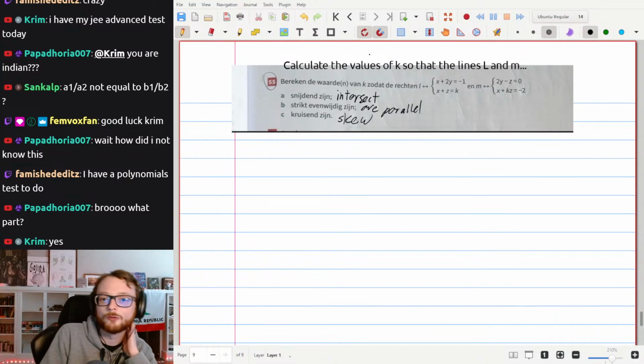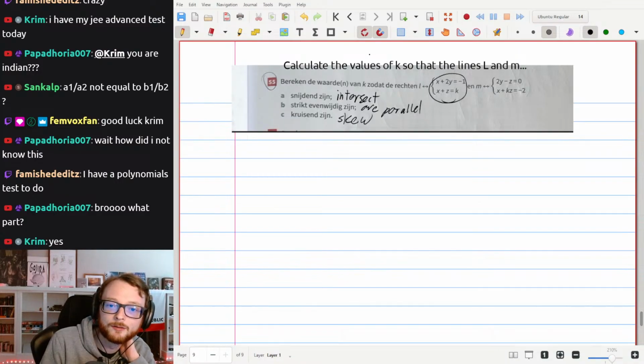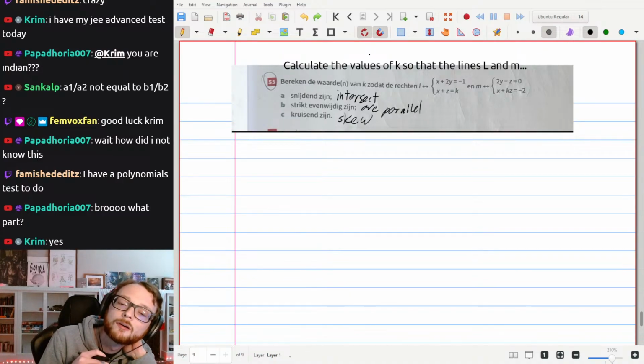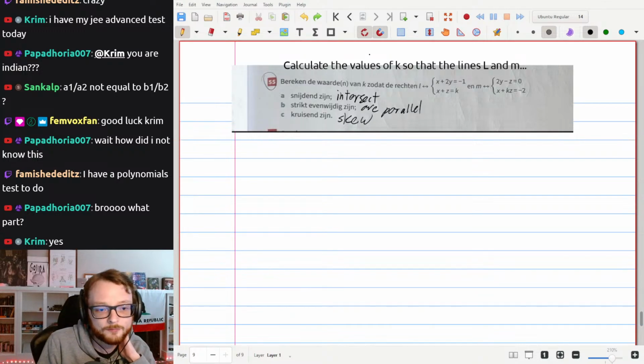How the hell do we do this? What type of line does this define? I haven't seen a three-dimensional line in this format before. I need to figure out how this works.